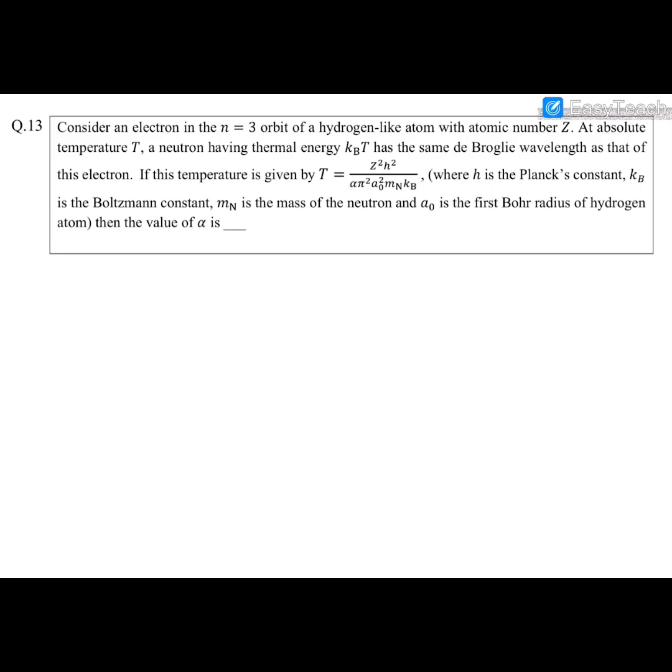So we know that mvr is equal to nh upon 2 pi. This is the angular momentum of the revolving electron, and mv will be equal to nh upon 2 pi r. And r is a naught into n square by Z, as we know from Bohr's model of the hydrogen atom.